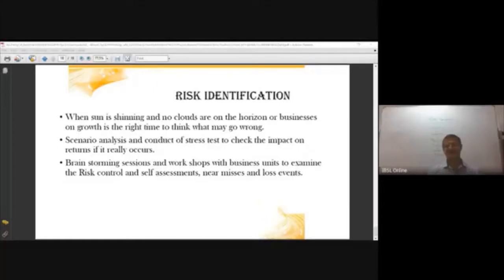How do you manage this? Because they say it has to be effected by the board of directors and also management and other personnel. Other personnel include all the employees across the bank. That means even branch staff need to understand what is risk.